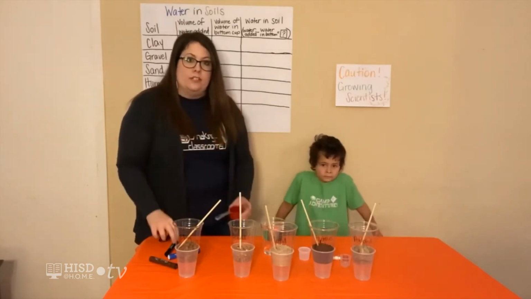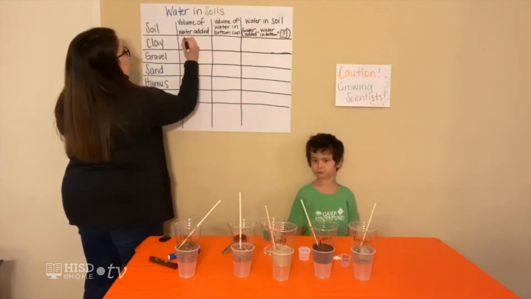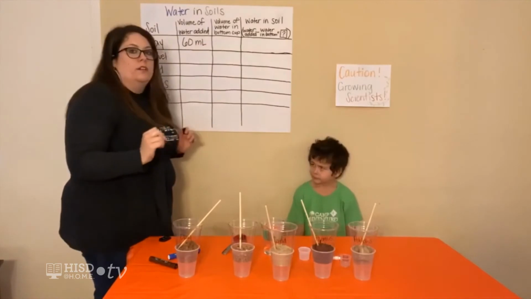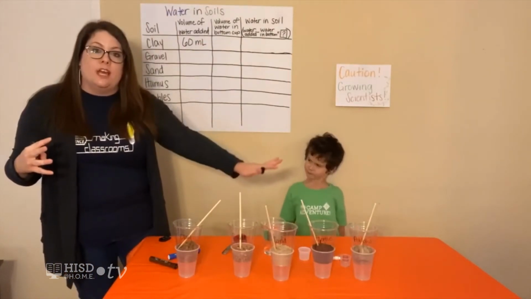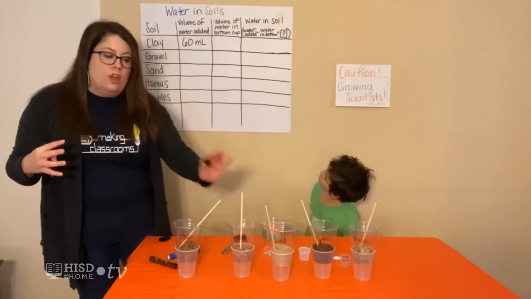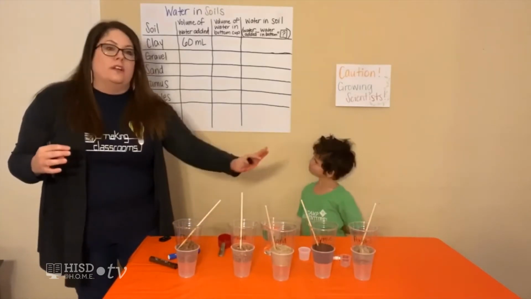And in milliliters, since we're talking about volume, a 4th cup of water is equal to 60 milliliters of water. So we're going to put 60 milliliters of water in each of these cups. We've got the same amount. It's about half a cup of soil in each. We're putting a 4th cup or 60 milliliters of water in each of them.